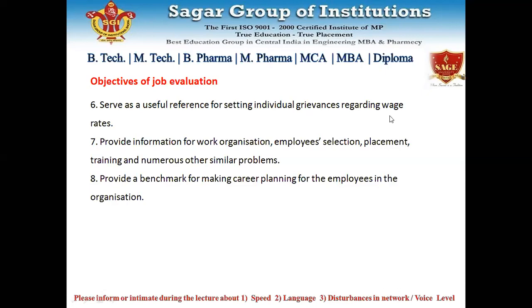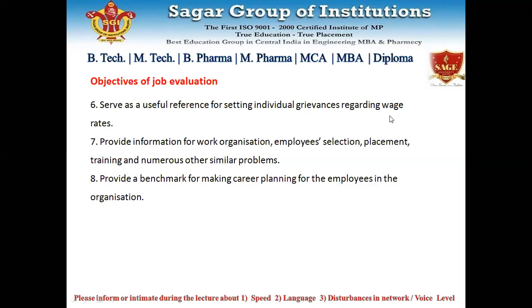Okay. Then comes the point that you should have proper information, rather I should say a proper supply of information, which should be available inside the organization about the working, selection, placement, training, and many other types of things. It should have proper information.